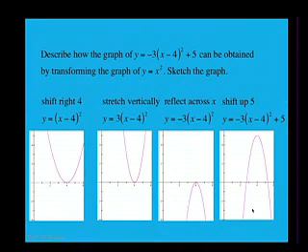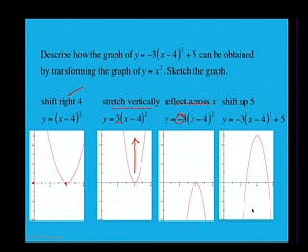Okay, so we have here the shift right. So what's happened is normally y equals x squared goes through the origin, so it's been shifted 4 units. Then we have the vertical stretch of the 3, which means it's been stretched this direction. Then we have the reflection across the x-axis because of the negative.